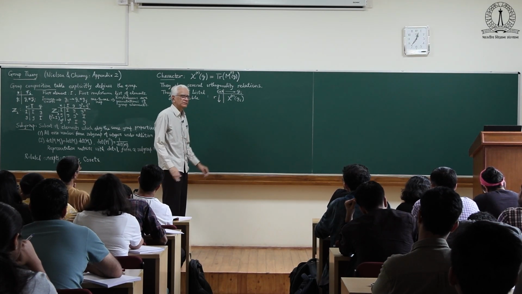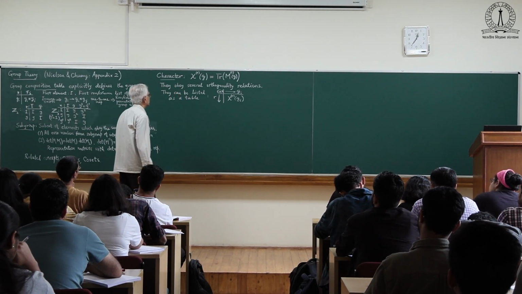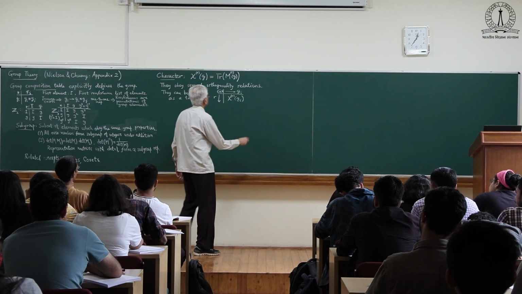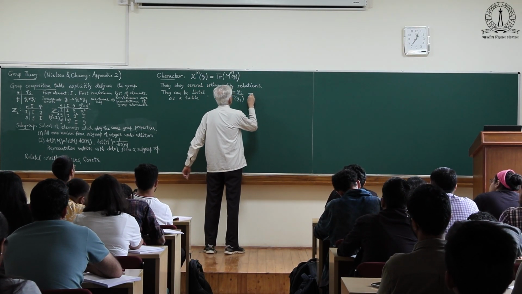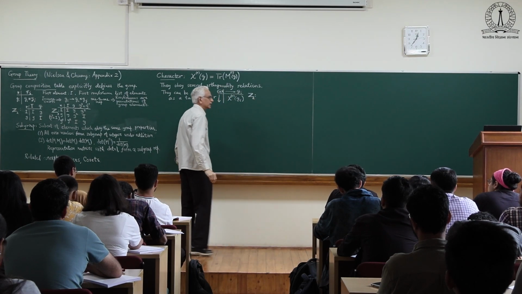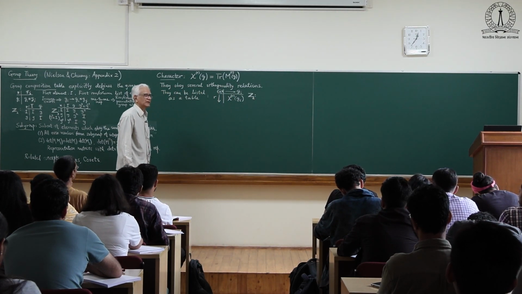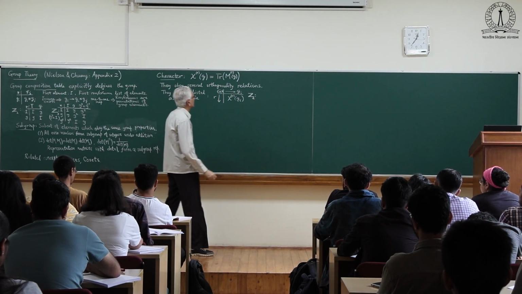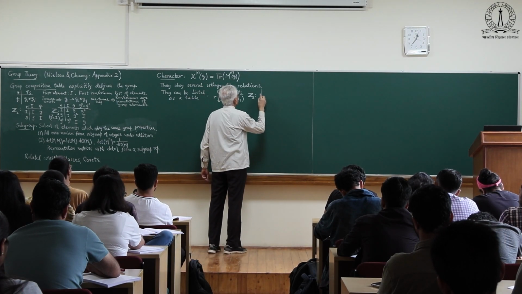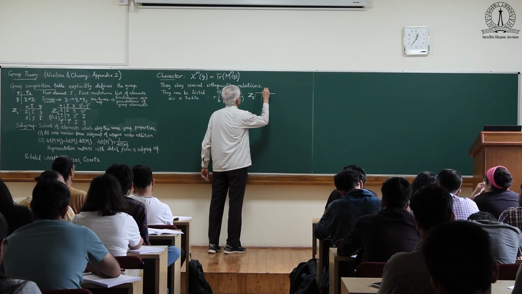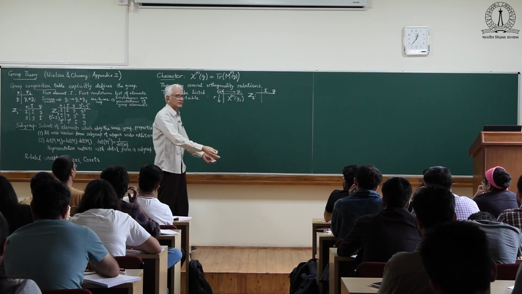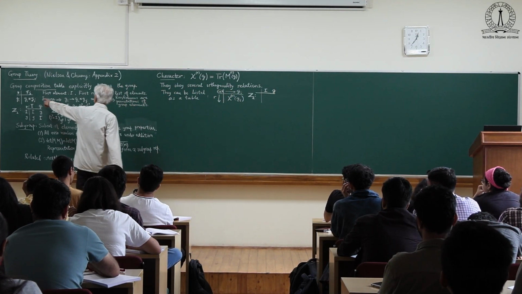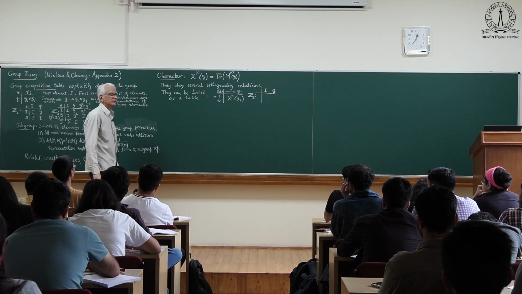For some simple group, you can write down what these things are, and let me do that at least for the binary group which you are dealing with all the time. So what does this table look like? There are two elements. One is identity, and another is the second element with G squared equal to identity.